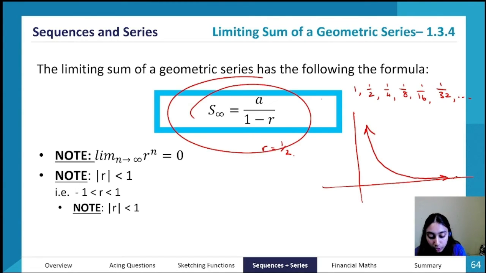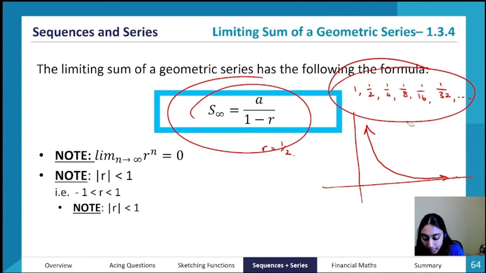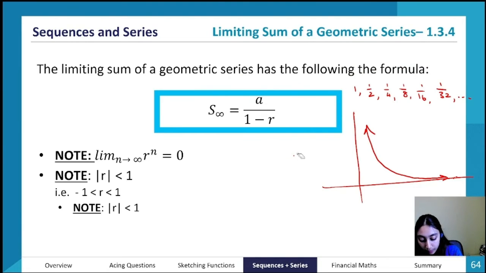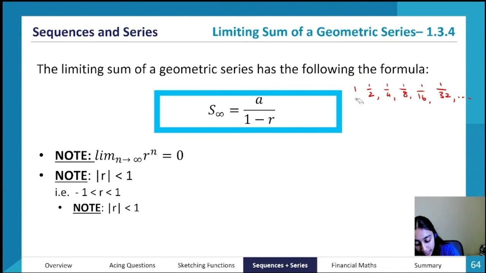So the value of the sum of all these terms can be found using the equation S infinity is equal to A on 1 minus R, so long as R is smaller than 1, sorry.